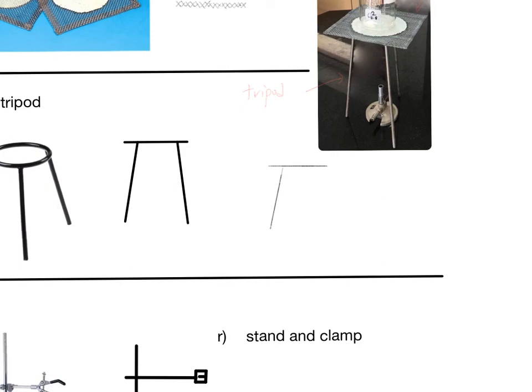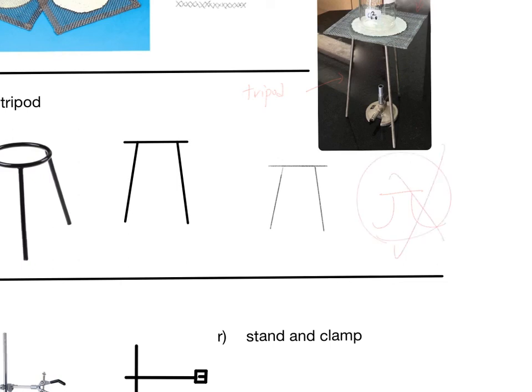All of these are straight lines. Some students in the past drew a tripod very ugly. In the past some students drew something like this. It's crazy. This is a pie, not a tripod.